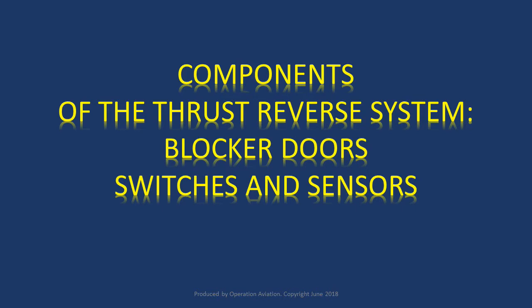That is a sensor sending information to the ECU, letting it know the plane is on the ground, the wheels have touched. After that, the thrust reverse system can be deployed. Before then, the blocker doors are stowed. I mention this because you have stow and deploy switches as part of your components.